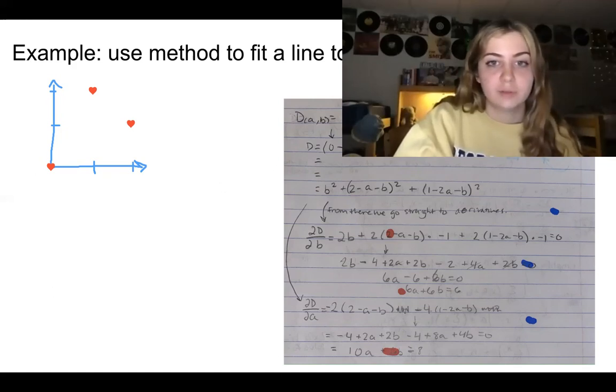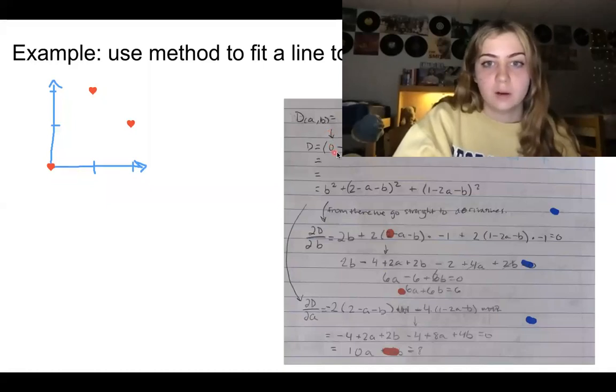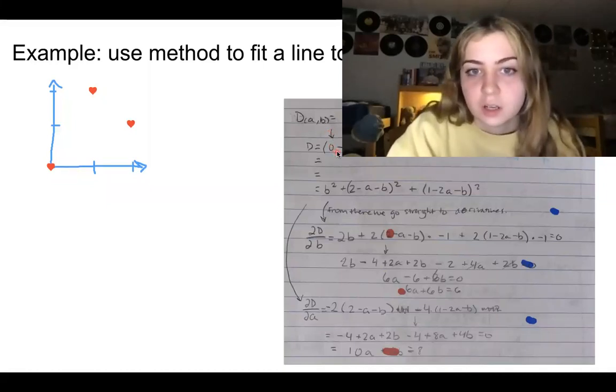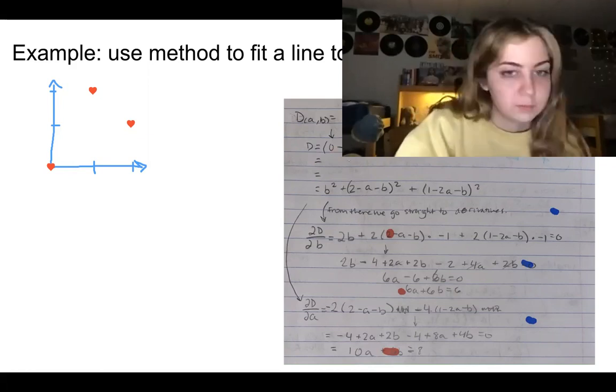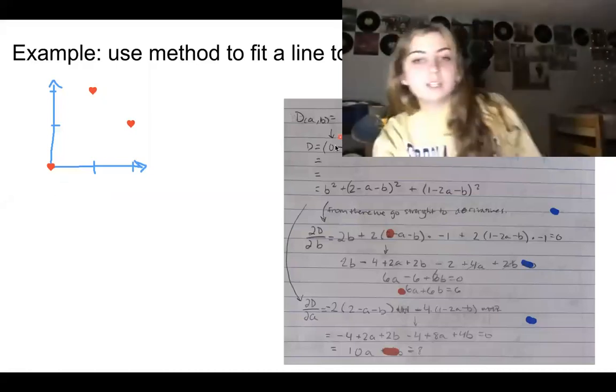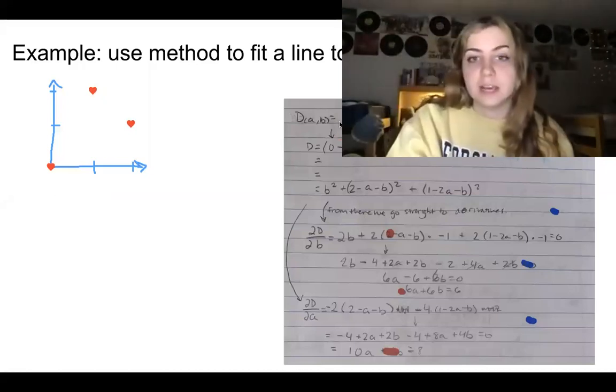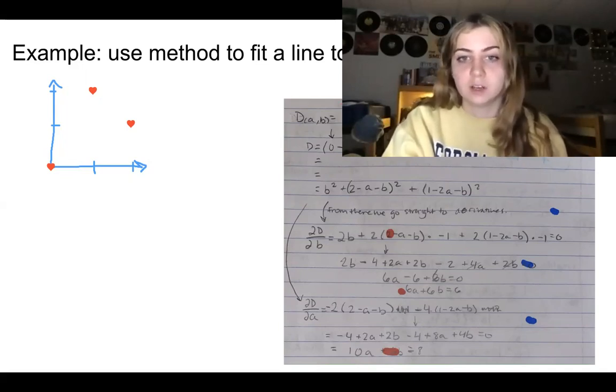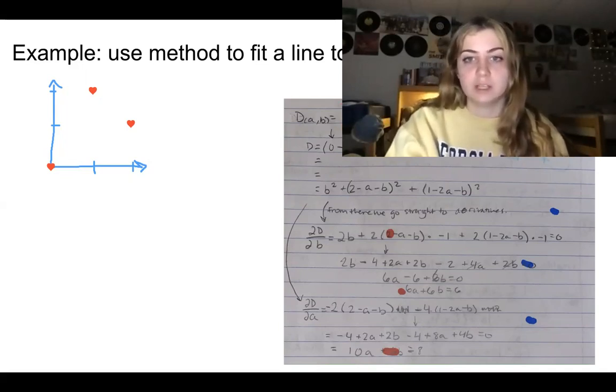So here we have our equation, and then I basically plugged in the points because we have this summation guy, I forget what it's called. So it's saying we want all the points in this thing. So I did that and I added them.